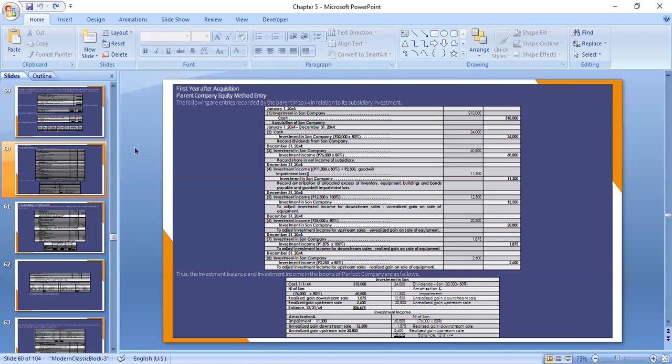And then for the net income, the share of the parent in the net income of the subsidiary, we debit investment. So, the investment increases. Debit investment in Sun and credit investment income.